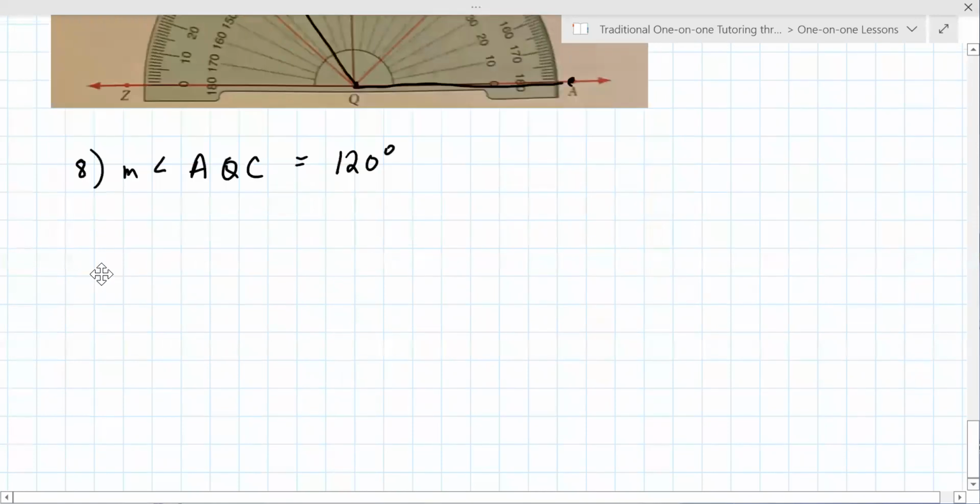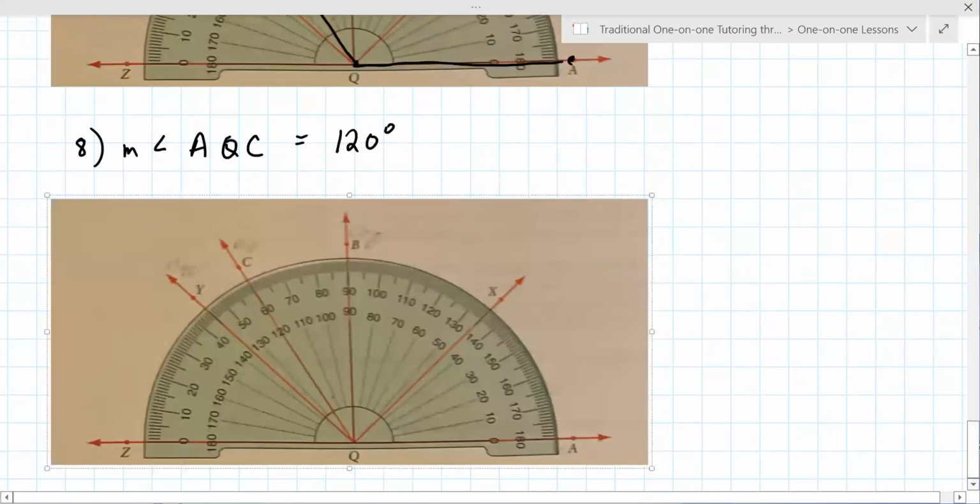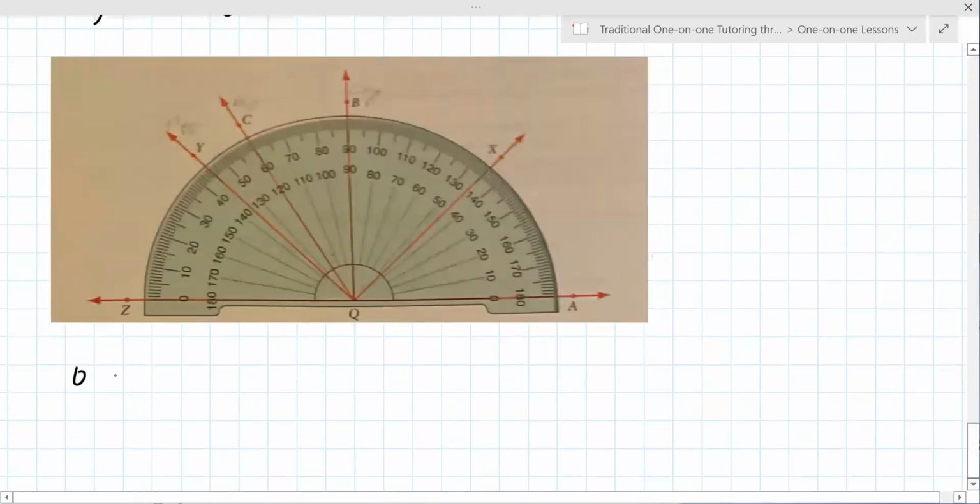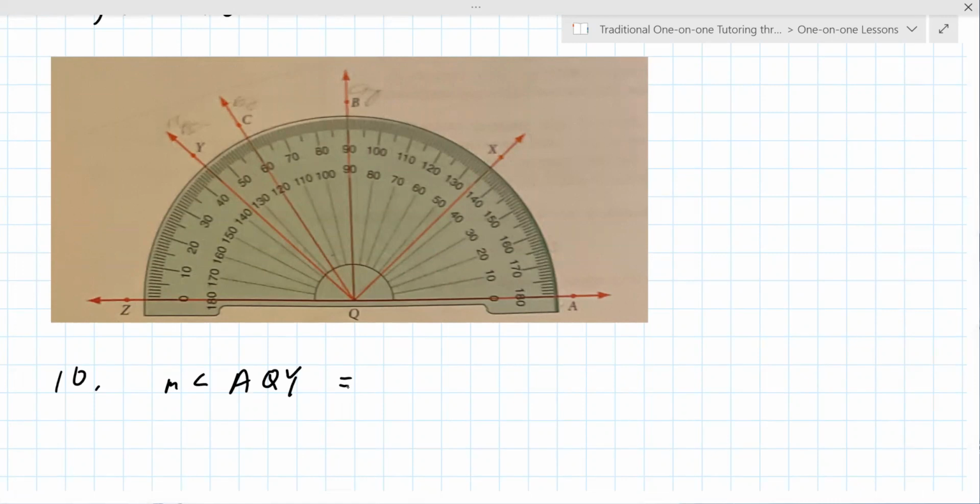All right, so the next one we're actually gonna do 10 next. We'll go back to 9. I want you to try 10. 10 is the measure of angle AQY, okay? I'll try that out.